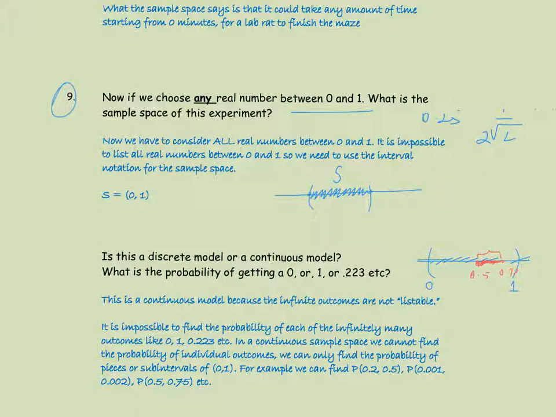Or we could say, for example, what is the probability of getting a number between 0.5 and 0.51. No matter how small the segment or the piece of the subset is, you can still do it as long as it is a range of values, starting from 0.5 to 0.51, for example.